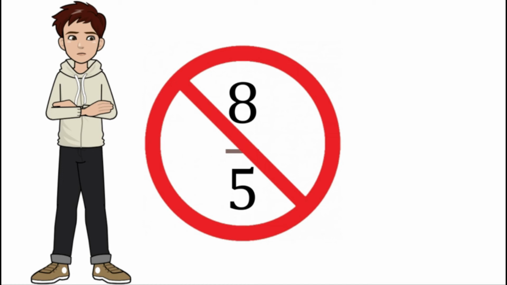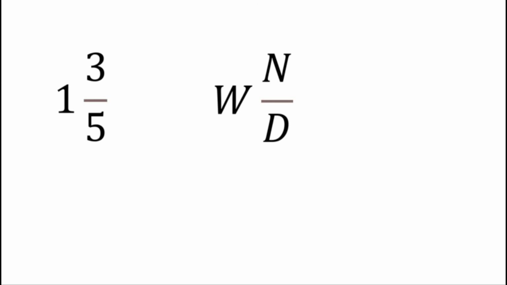So the different way of representing improper fraction is called mixed fraction. They're represented by a whole number and a proper fraction on the right side of the whole number. For example, 1 and 3 by 5. This is equal to 8 by 5 as I showed in my previous slide.